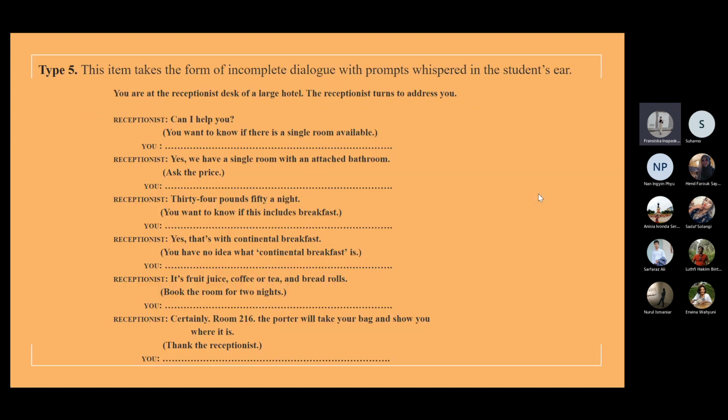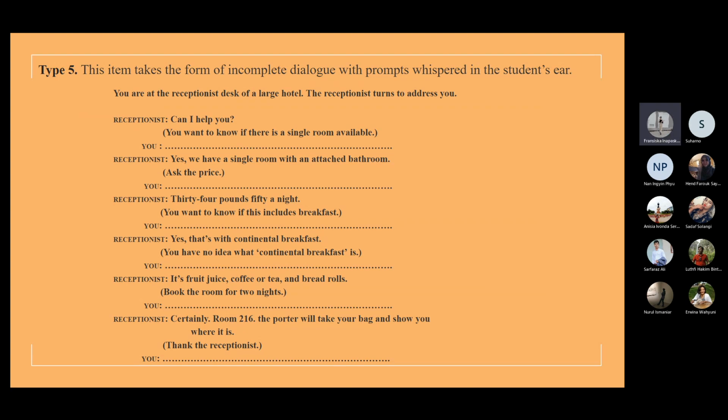This is type 5. Type 5 takes the form of an incomplete dialogue with prompts whispered in the student's ear. The prompts are shown in brackets in the following example and then whispered in the student's ear. Let's take a look at the illustration below.